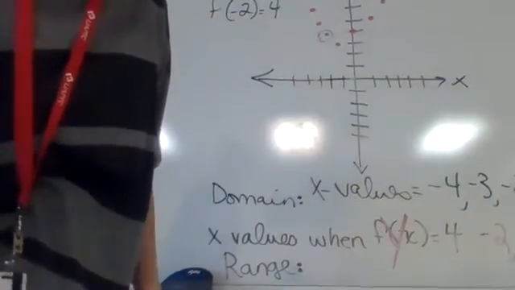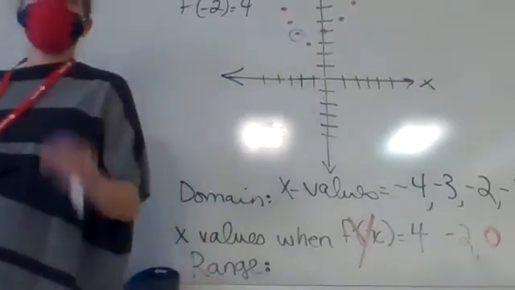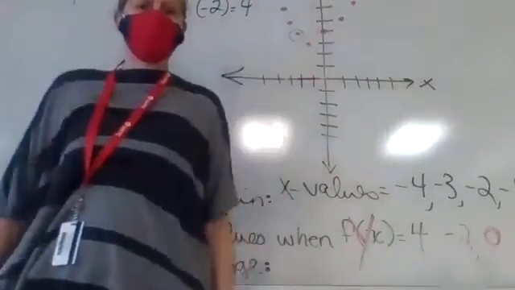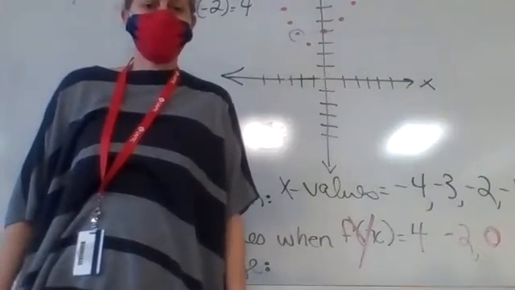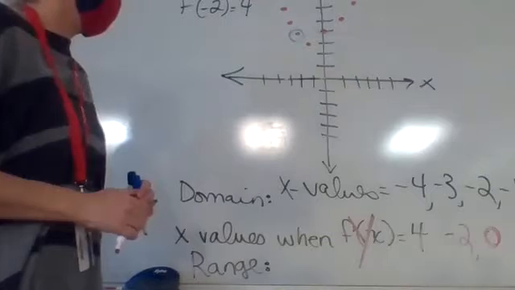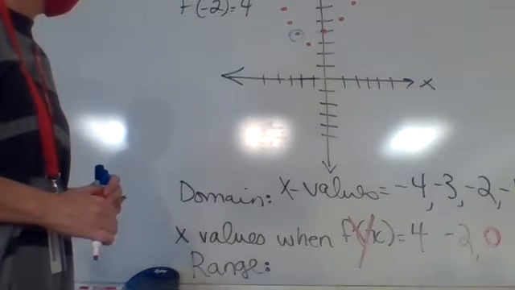So -2 and 0 are the 2 points where y is 4, meaning up 4. Then the last. Oh, it doesn't matter if, like on the x-axis, it is -4 or +4.